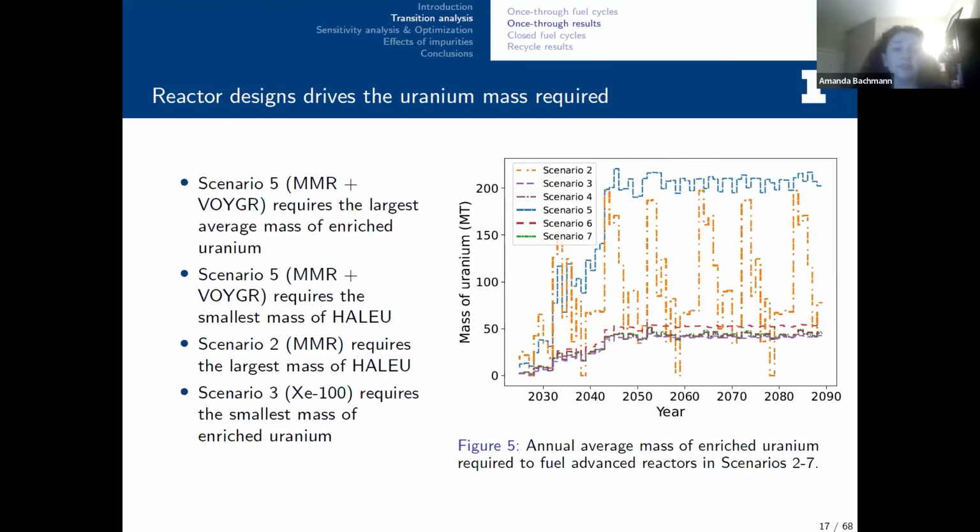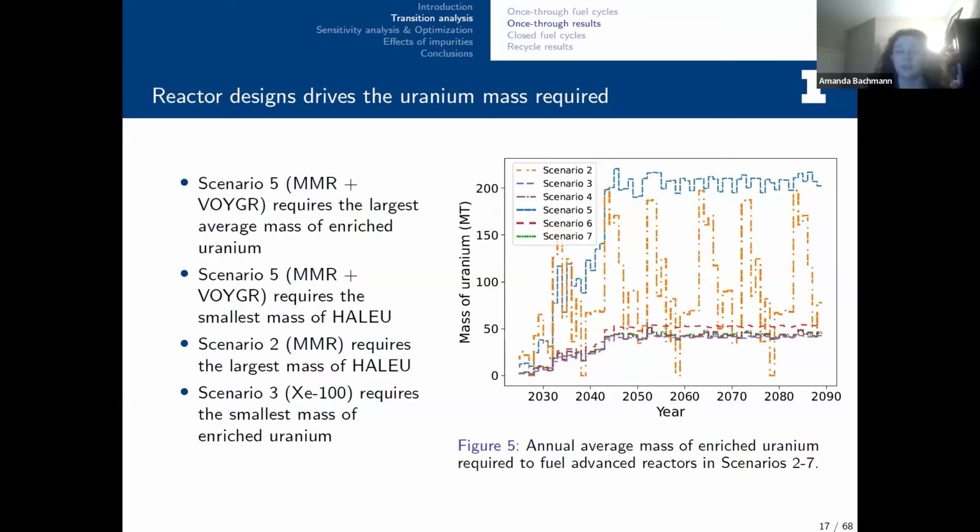The next result we looked at is the amount of uranium mass. So how much of this HALEU do we need? And this is really a function of the reactor design. In scenario 5, which is the MMR and the Voyager being deployed, we see we need the largest average mass of enriched uranium. But for that scenario, not all of that is HALEU, right?